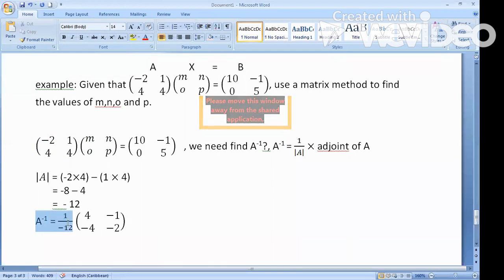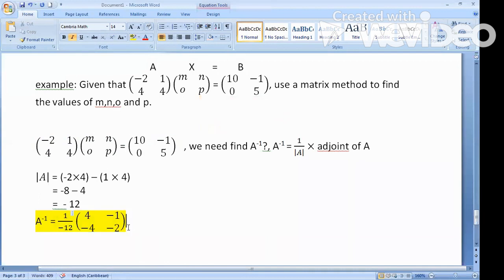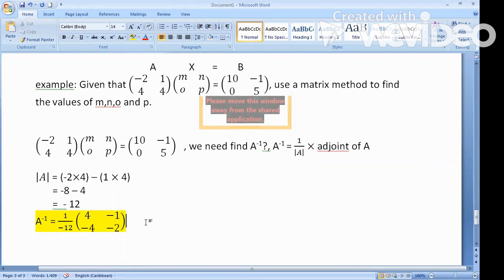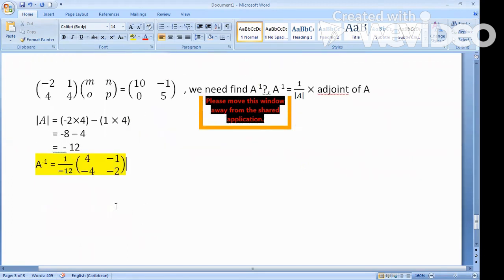This represents A inverse. Now, do we multiply the 1 over 12 through? You don't have to, just leave it like that.